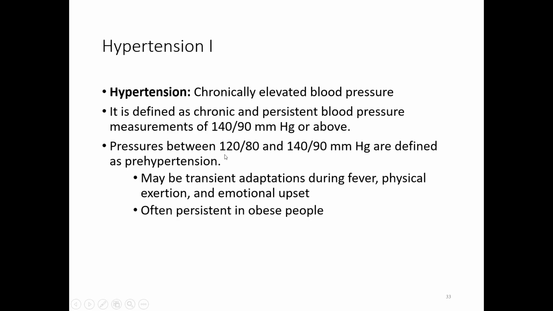Blood pressure between 120 to 80 and 140 to 90 is usually defined as pre-hypertension. It can be transient, temporary, like adaptation during fever, physical exertion, emotional upset, stress, or often it happens in people with a lot of extra weight.